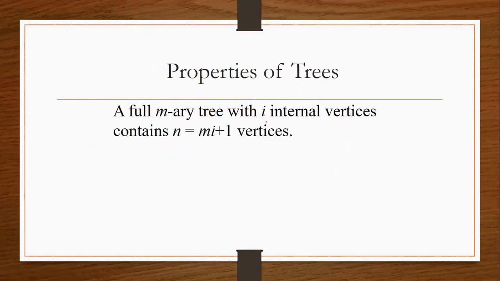Now a full m-ary tree with i internal vertices contains n equal to m times i plus 1 vertices. If there are i internal vertices, then it will have m times i plus 1 vertices. Please take the m-ary trees from the previous examples and try to check this condition.